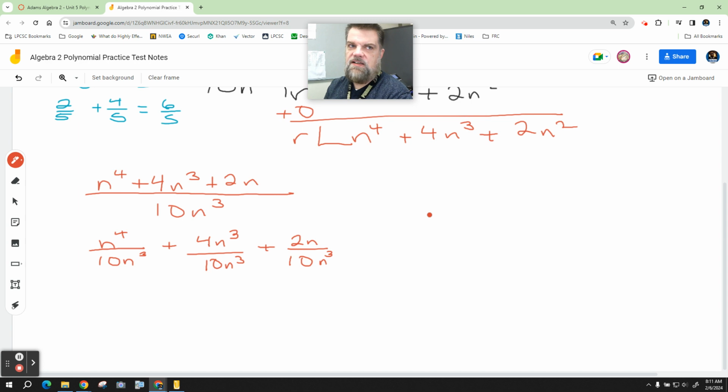So that's technically our answer, but we've got to reduce each fraction. We have to write the fractions in the simplest form. Was it 2n squared? You're right. Cool.